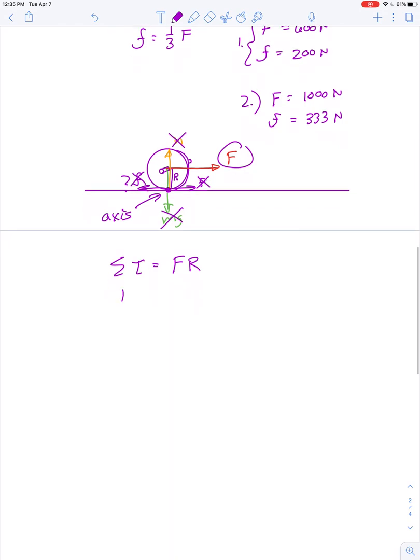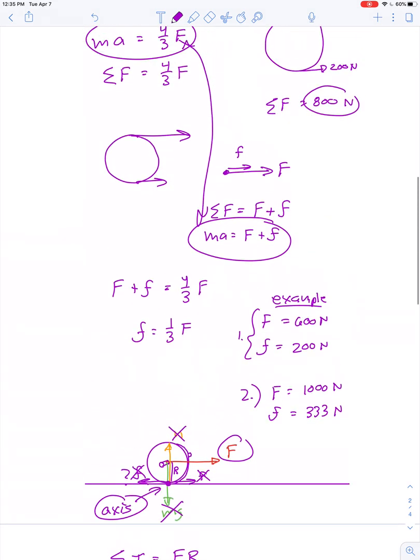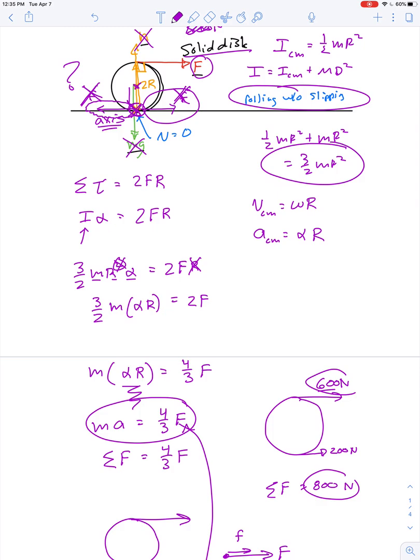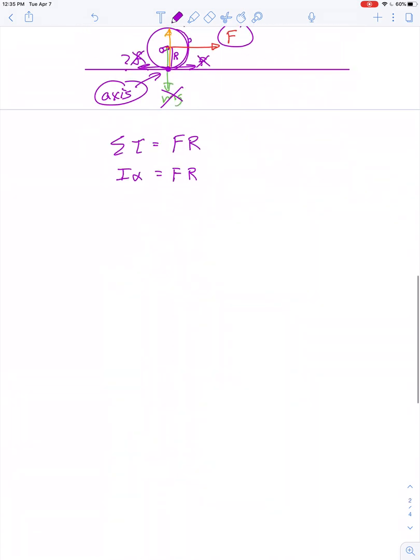And we know that net torque is I alpha. And we know that the rotational inertia about this axis is equal to, same thing we had earlier, 3/2 mr squared. So 3/2 mr squared alpha equals Fr.